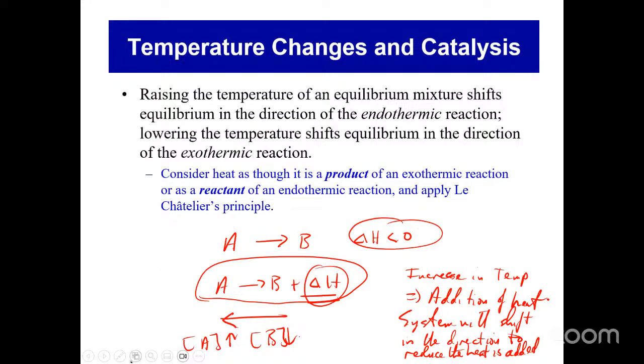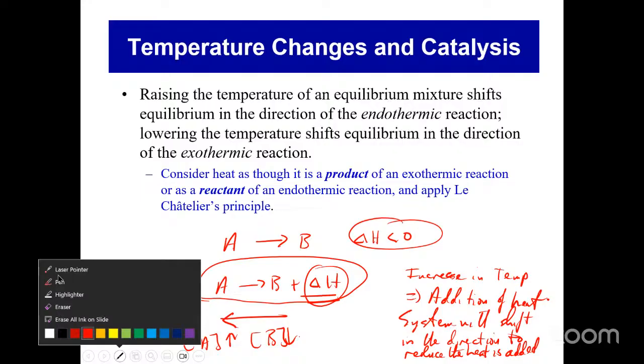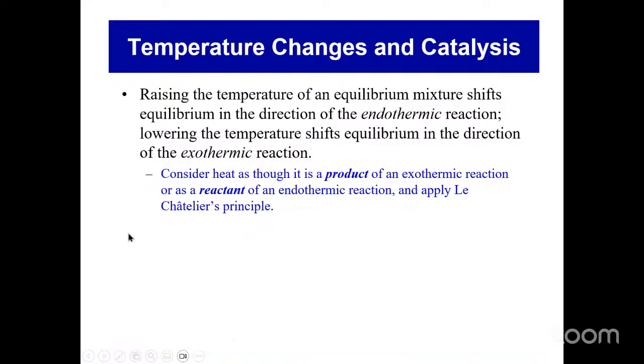All right, so let's look at what happens in a real example. In this case, I'm going to use N2O4 in equilibrium with NO2. We just looked at that. And I happen to know that this reaction is delta H positive, right?